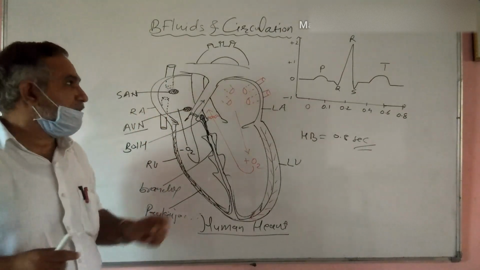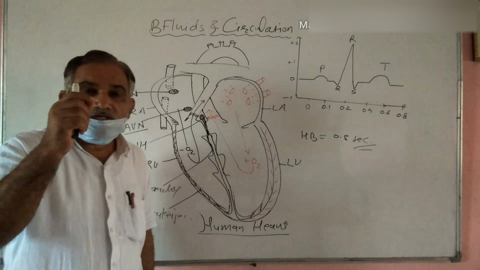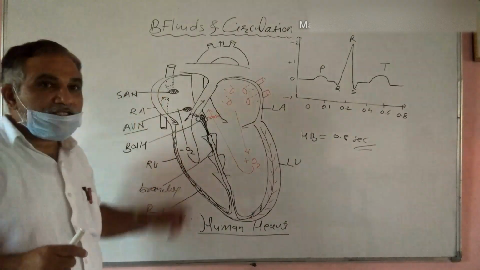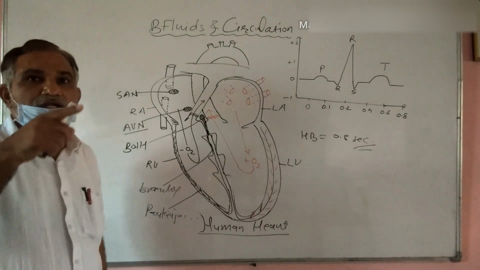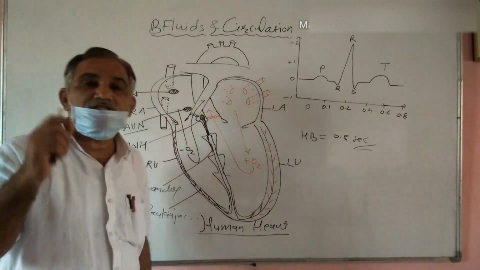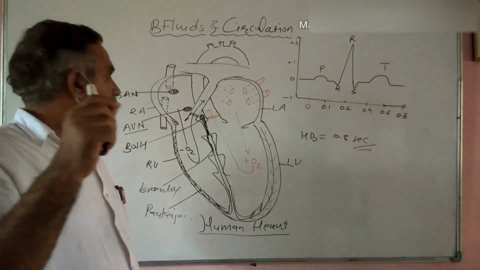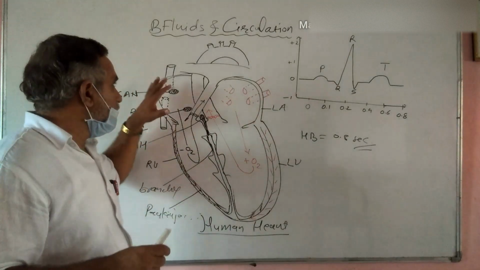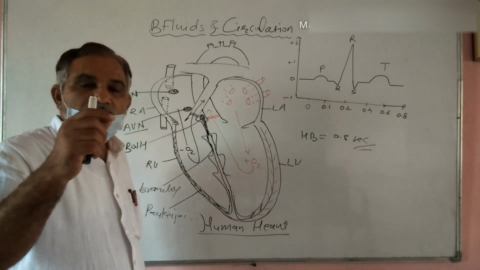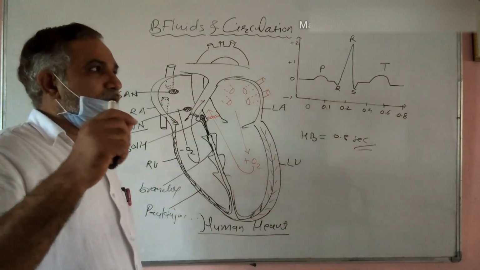That ion exchange mechanism generates the action potential, and that action potential leads to the generation of the electrical signals. That electrical signal is the impulse. So the impulse generated here is also known as the electrochemical change.